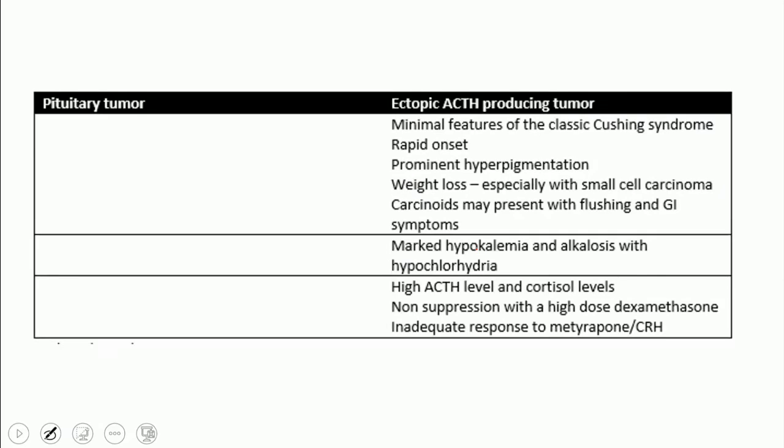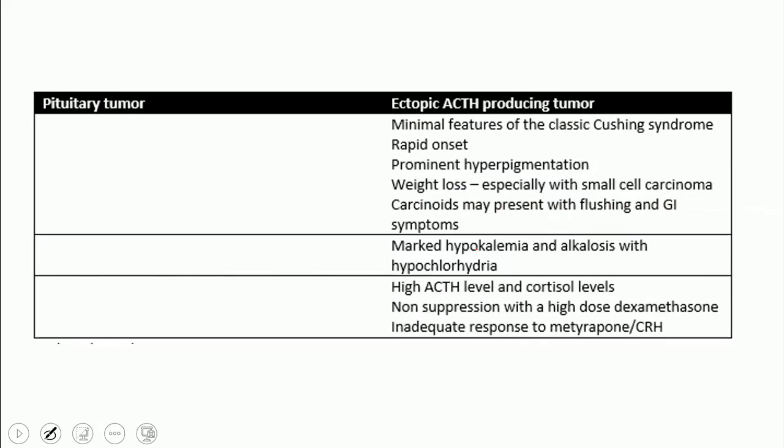One thing is that ectopic ACTH secreting tumors are very rapidly growing, right? And if you don't do something about them, the patient will die very fast. So what you see are, they don't have the full-blown Cushing story. So you don't see the classical Cushing's phenotype in these patients. But what you see, and actually weight loss is a more prominent feature because of the malignancy, right? So they see weight loss rather than the classical Cushing's phenotype.